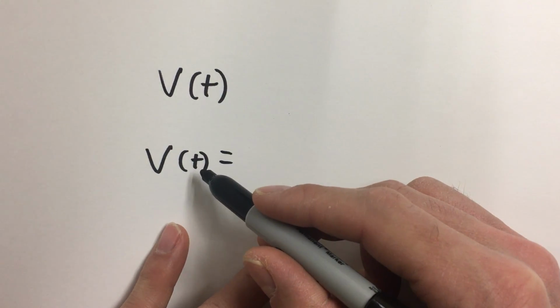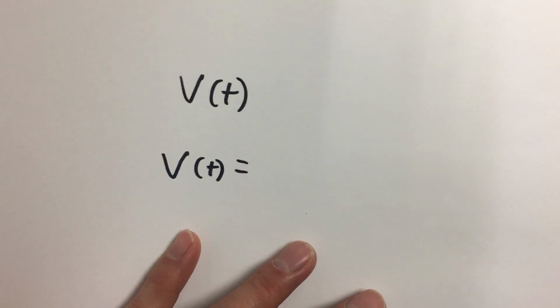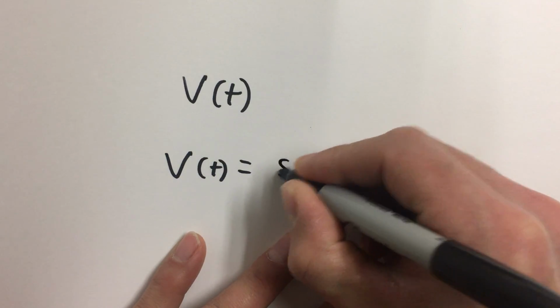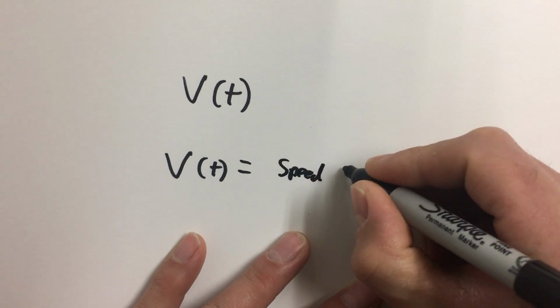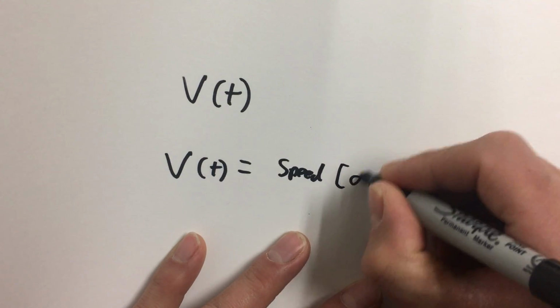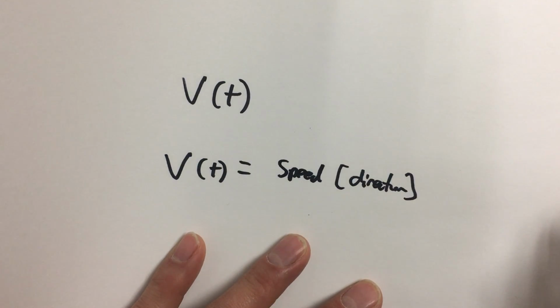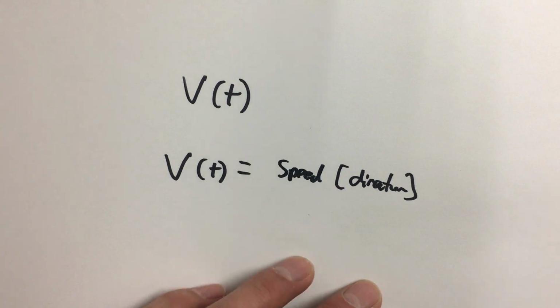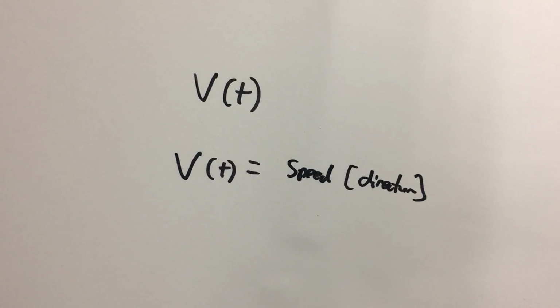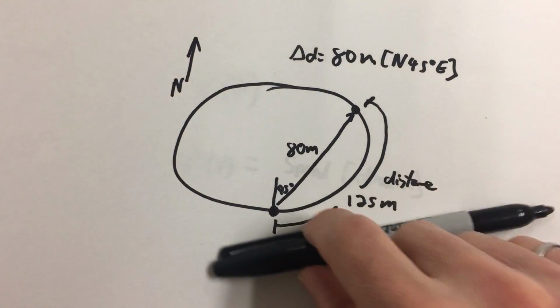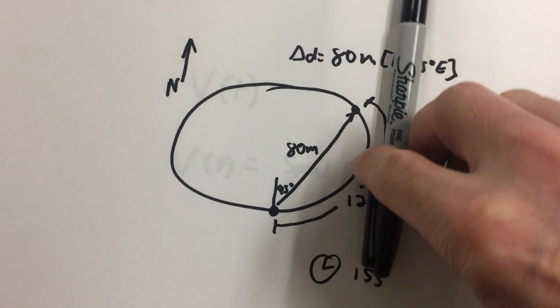Your instantaneous velocity, you can think of it at a particular time as being the speed and stating the direction. That'll work. That's your instantaneous velocity. Now, the instantaneous velocity is only valid at a particular instant. So, in our example, as we run around this track, that instantaneous velocity is constantly changing along with the direction that we're running.